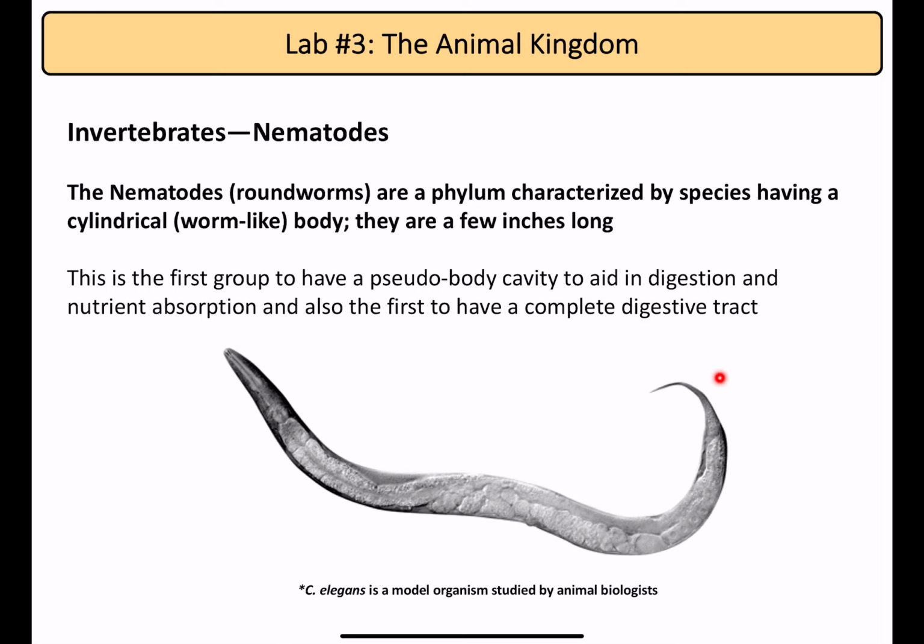And one interesting fact about the nematodes is this is the first group of animals to have what we call a complete digestive tract, meaning they have this long tube in their body with one opening for food and another for disposing of waste. That's really advantageous because it allows you to digest and absorb various nutrients along the way as you process food through that digestive tract. So this is really the first group to have that.